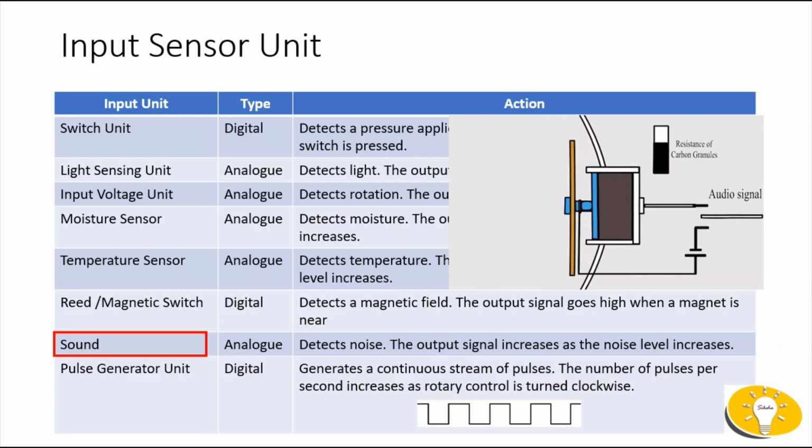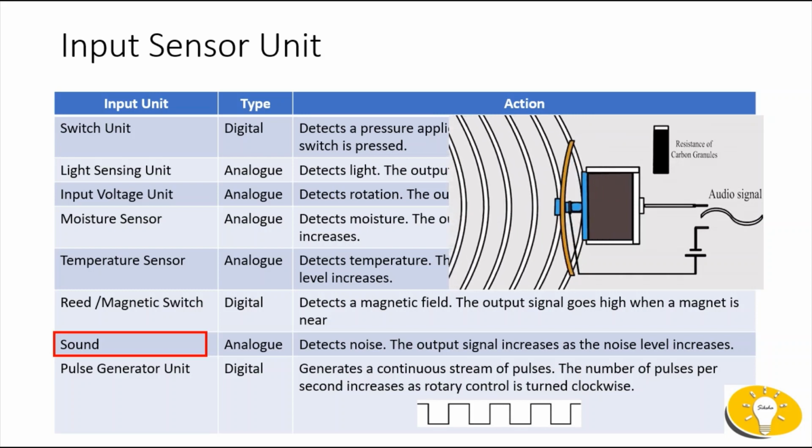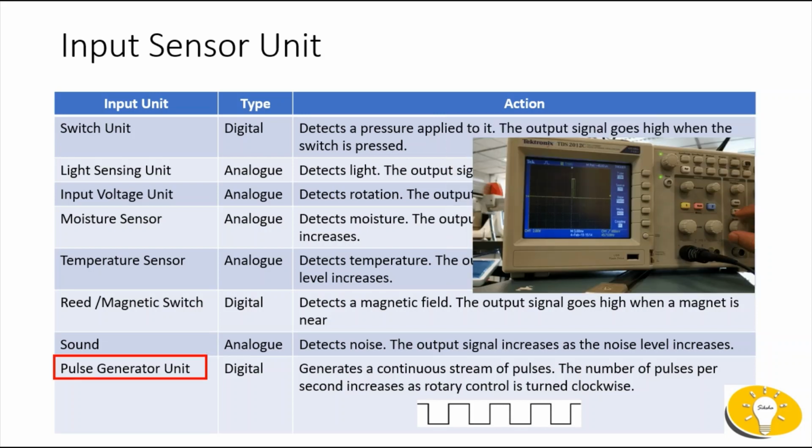The output signal increases as the noise level increases. Pulse generators are used to generate a continuous stream of pulses. The number of pulses per second can be increased or decreased by rotating a switch.